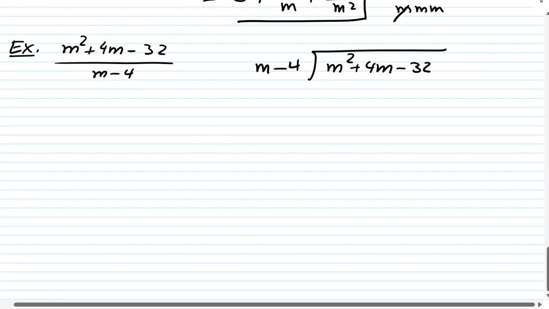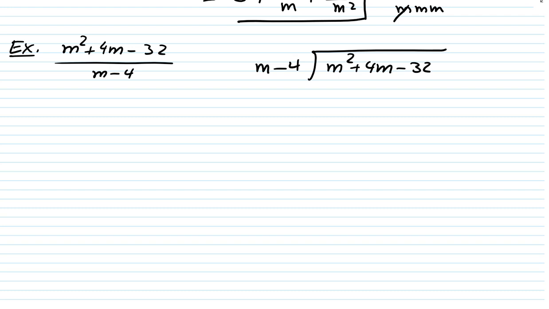In our college algebra class, we're going to learn a faster way of doing this, but for now we're going to do long division. Or we can factor it actually. I'll do it both ways.